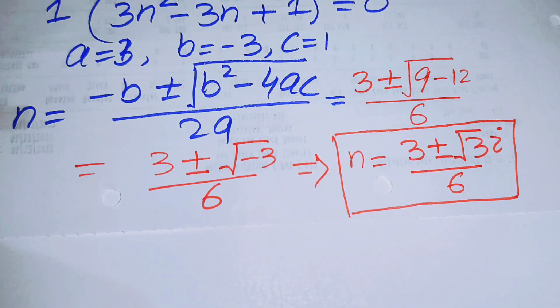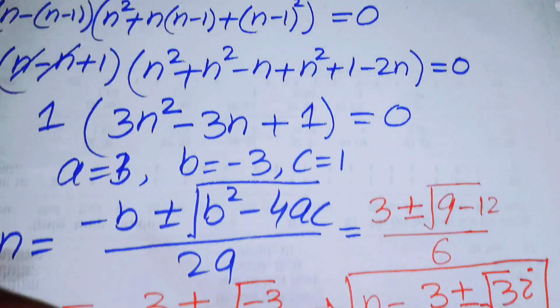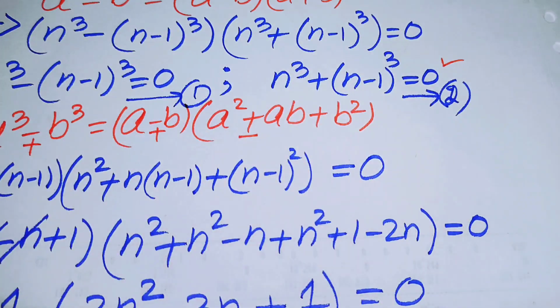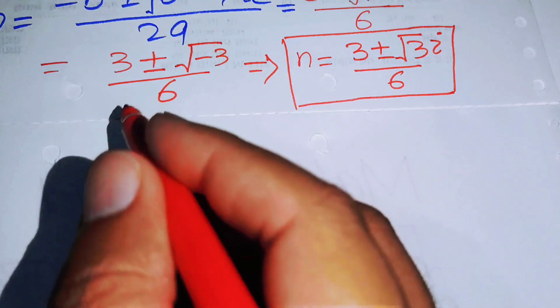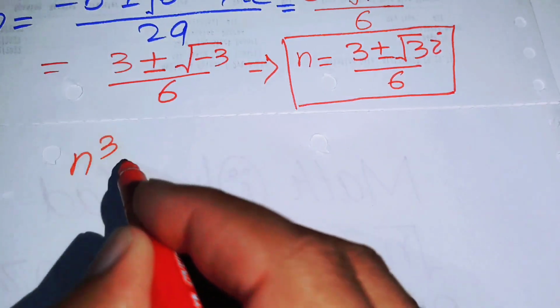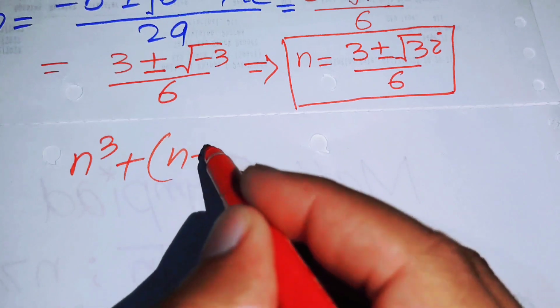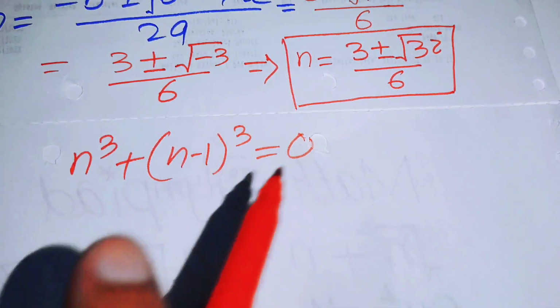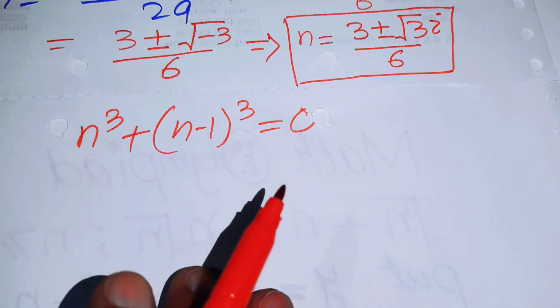So now in order to find the other roots, we can solve equation number 2. Our equation number 2 is x cubed plus (x minus 1) cubed equals 0. So now we can find the roots from this equation.